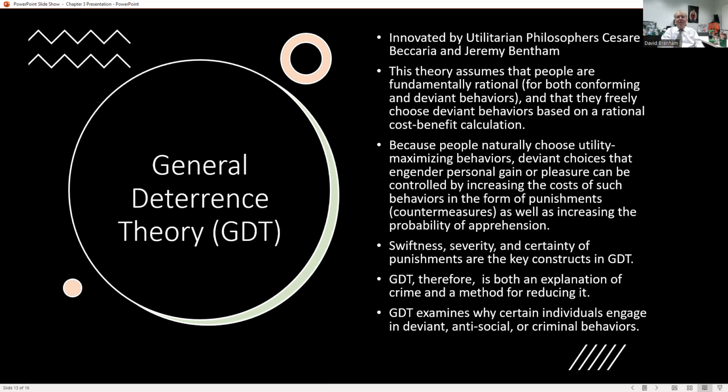So these utilitarian philosophers, Beccaria and Bentham, who is probably the father of utilitarianism, built this theory of general deterrence theory, and it's basically a theory about crime and deviance.